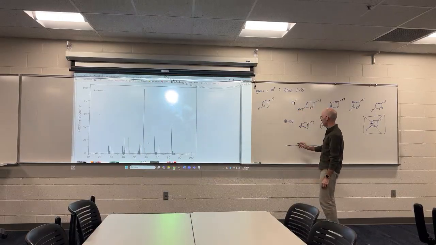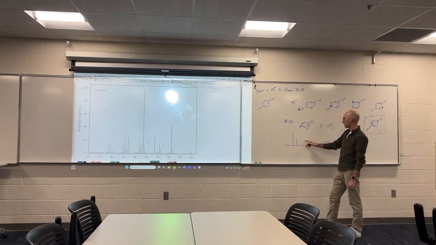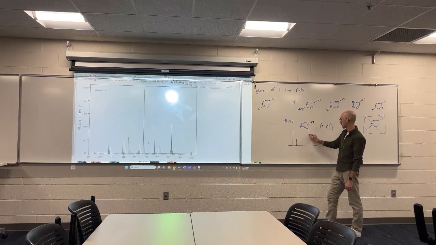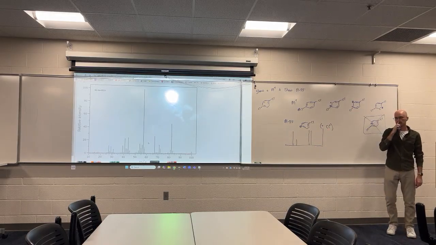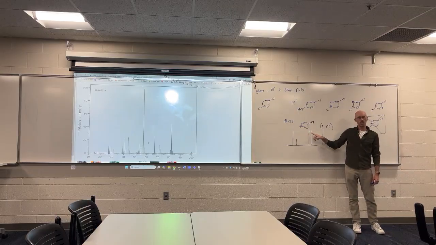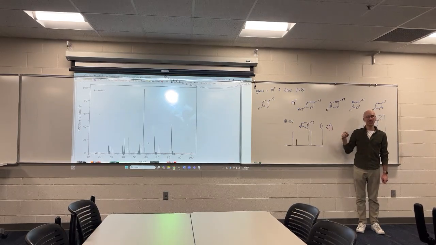Is the M minus 35 signal going to look like this, or will it just be one signal? 3-to-1, 1-to-1, or just one signal? No, that's a good point. When we remove a halogen, we just remove the lower mass halogen.